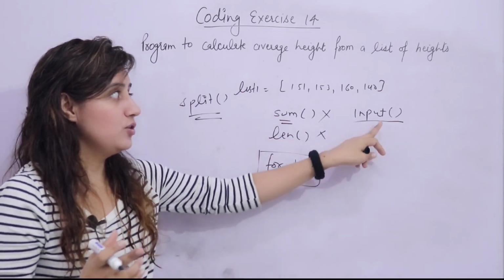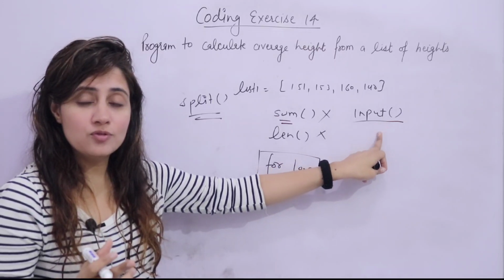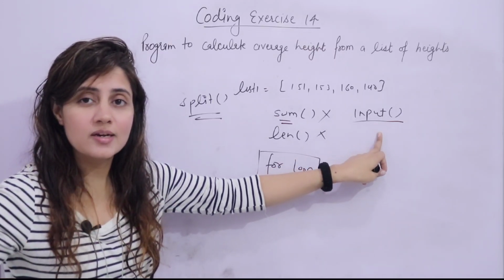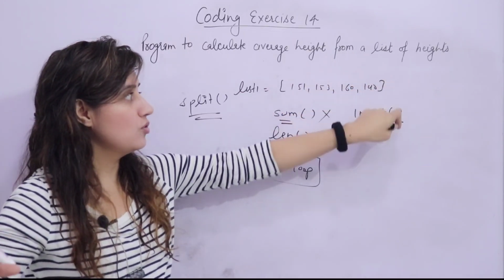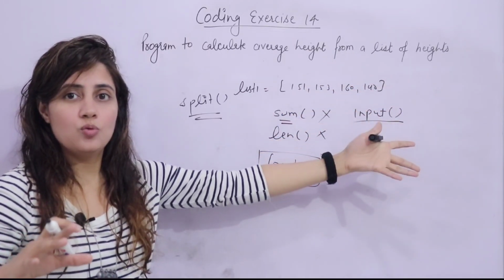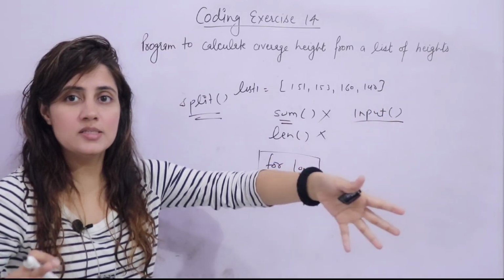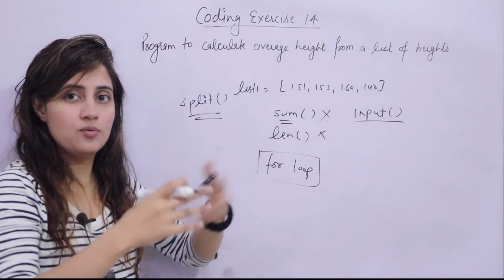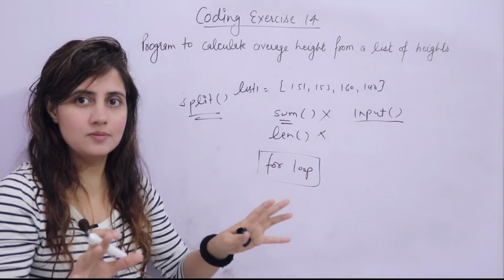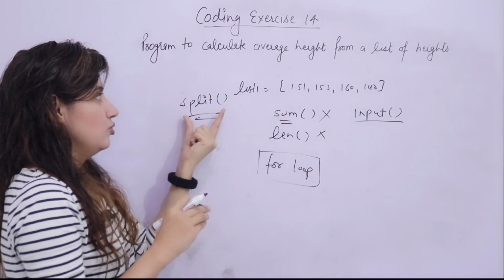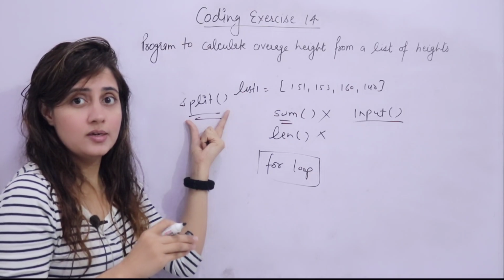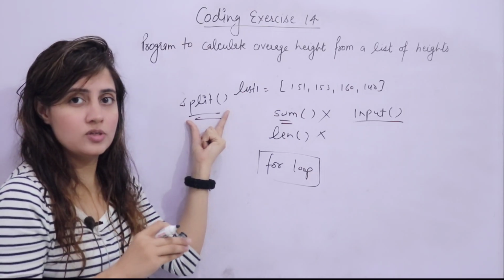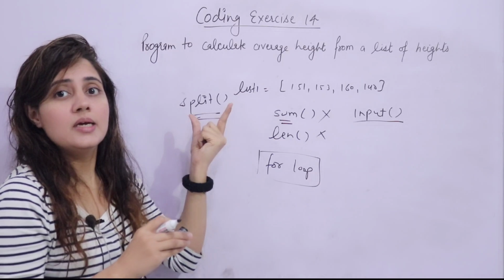Because whenever you take input from the user using input function, that would be considered as a string, right? And I have told you average height from a list of heights. So you have to convert that into list. So split will divide and make it something like this, right? So you must have heard about this split function, right? If not, you can Google this and you can use this, right?